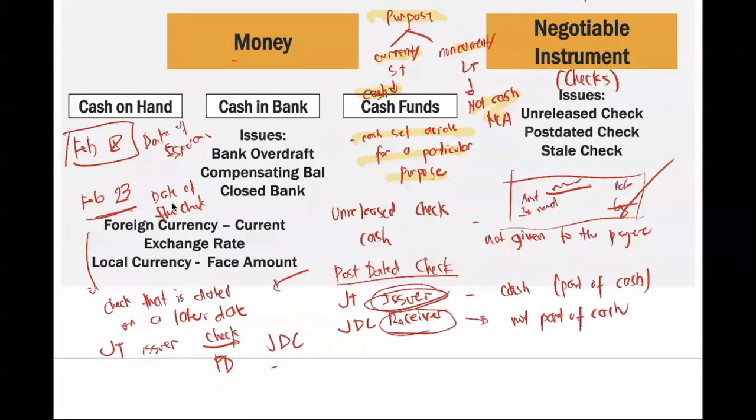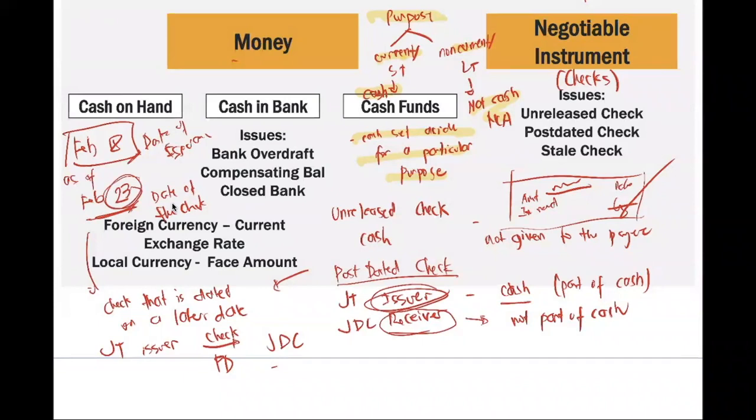Post-dated check, this is a check that is dated on a later date. On the part of the issuer, if you issue it, it is part of cash. Sir, why is it still considered part of cash? I already issued the check. Because, take note, you issue it on February 18, but it will only transfer on February 23. So as of February 18, at the time you issue the post-dated check, it is still part of your cash.